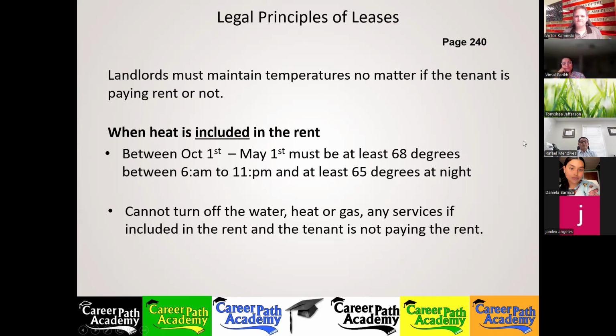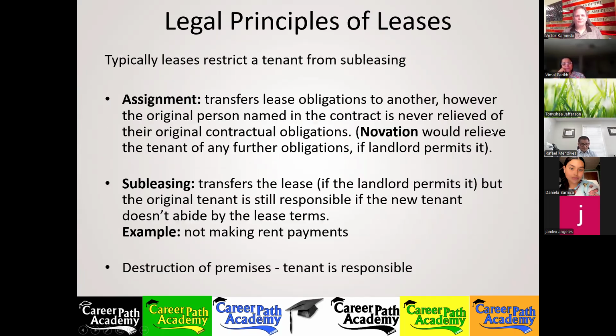We've learned about assignment and we learned about novation. Assignment transfers lease obligations to another, however the original person named in the contract is never relieved of their original contractual obligations. Novation would relieve the tenant of any further obligations if the landlord permits it.